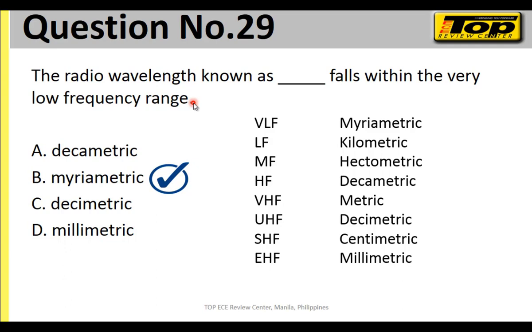And then we have the kilo metric for the LF. For the MF, that is hecto. HF is deca. VHF is metric. UHF is decimetric. SHF is centimetric, and EHF is millimetric. So pakitandaan nyo po ito, baka sakali na yan yung lumabas sa exams. Pero yung tanong sa atin, ito yan. No? So VLF, or very low frequency range, is the Myria metric range.